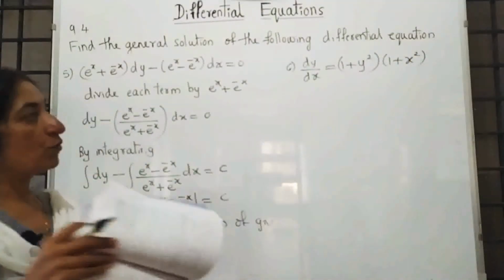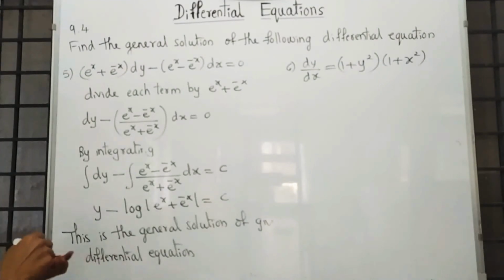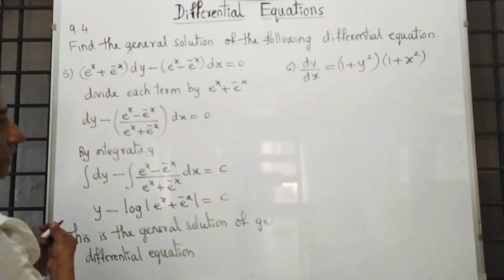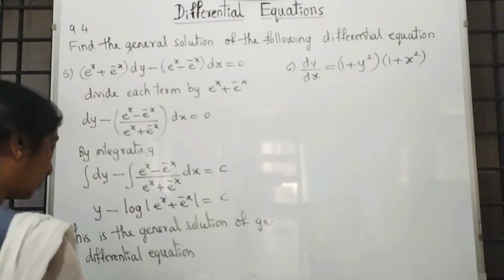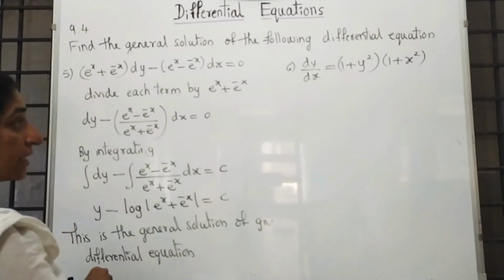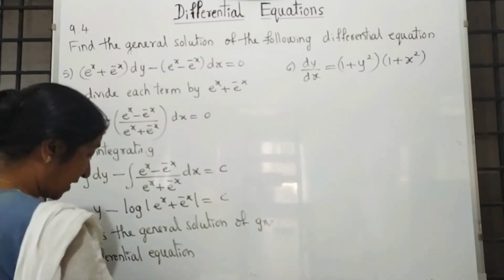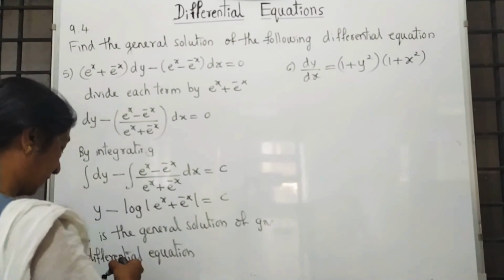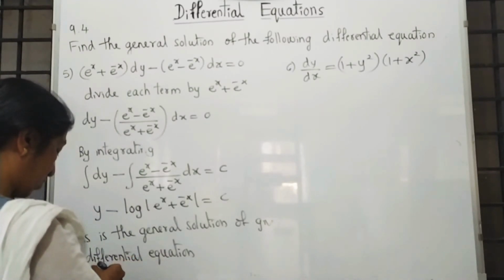See what we are doing here. First, as usual, you have to separate the x terms with dx and the y terms with dy. If you are not able to write it directly, first step, just take dx to the right side, go for cross multiplication.